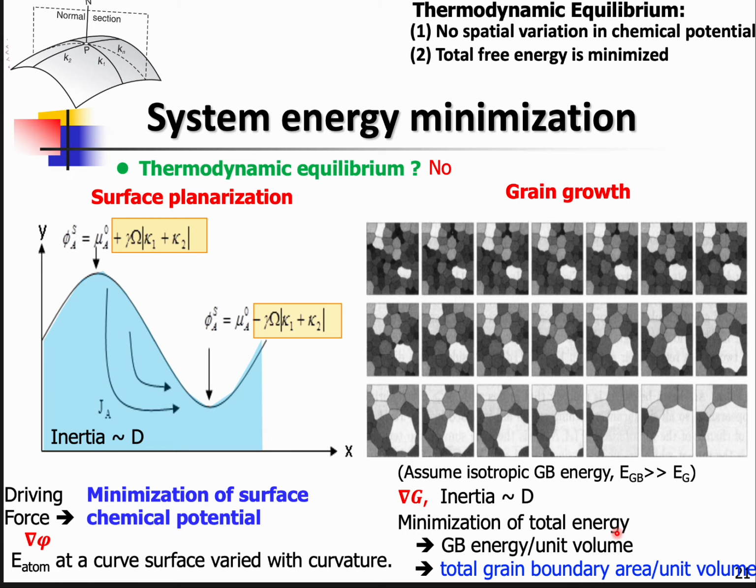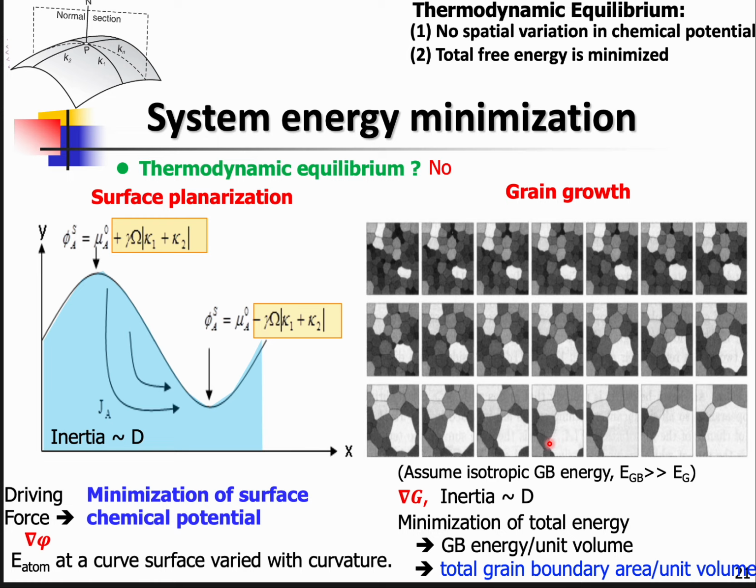The way to minimize the total free energy of a system is to decrease the volume fraction of grain boundary. Because the grain boundary has higher energy, if you want to decrease the total free energy of this material system, you definitely need to decrease the volume fraction of grain boundary, right? The only way to decrease the volume fraction of grain boundary is what?